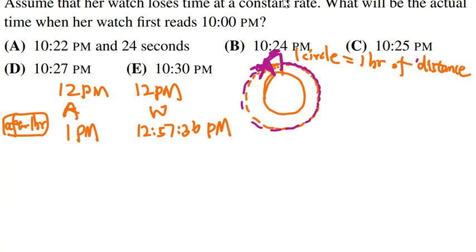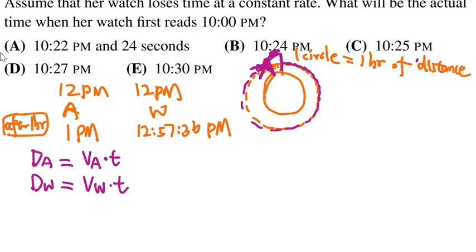So now we can write something like: distance of actual time is going to be speed of the perfect watch times t. Now this time t is actually 1 hour, right? And the distance of her watch is speed of her watch times t.